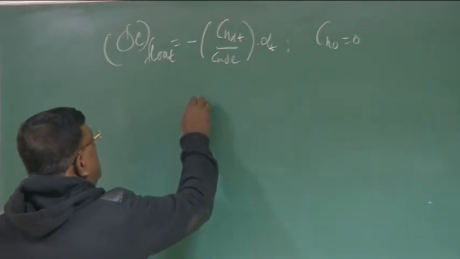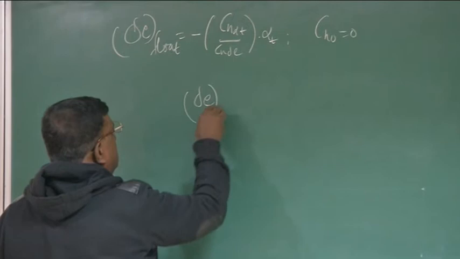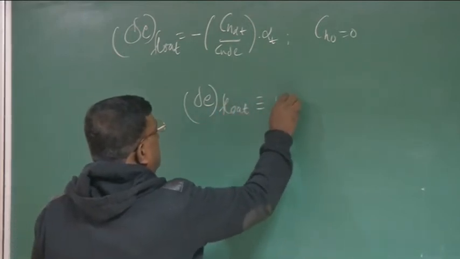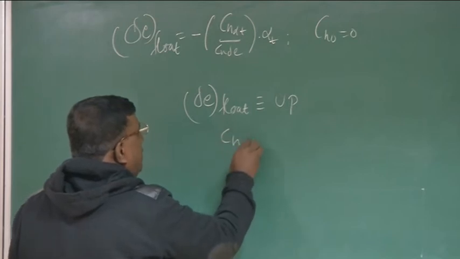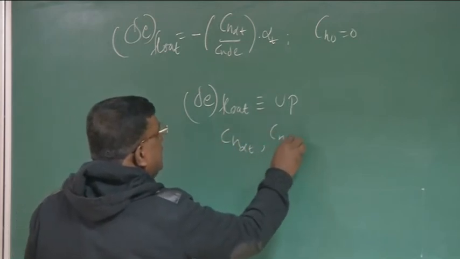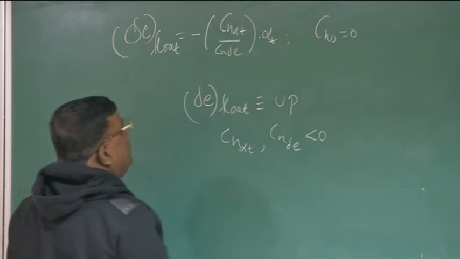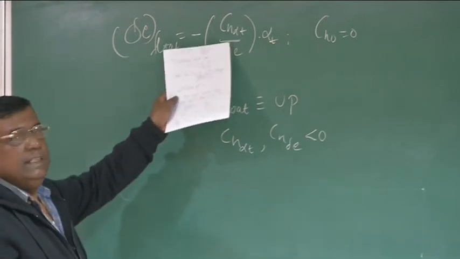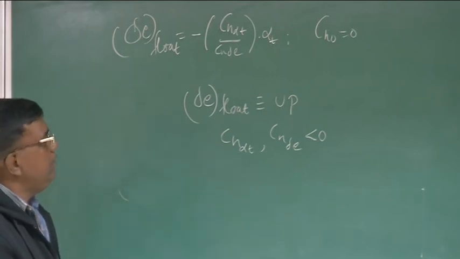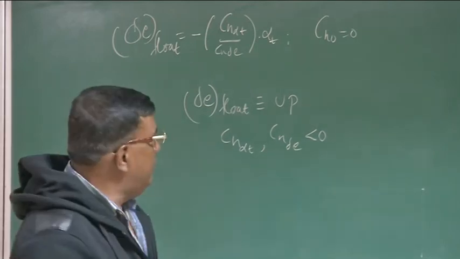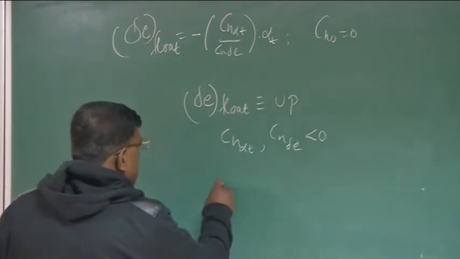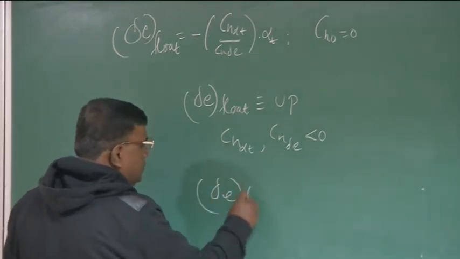We could see that delta E float will float up if Ch alpha t and Ch delta E are less than 0. It can also float down depending upon the signs. But mostly you'll find the airplanes are designed such that Ch alpha t and Ch delta E are less than 0.